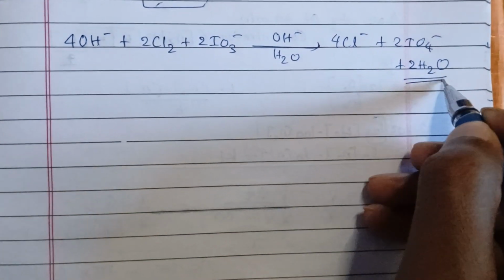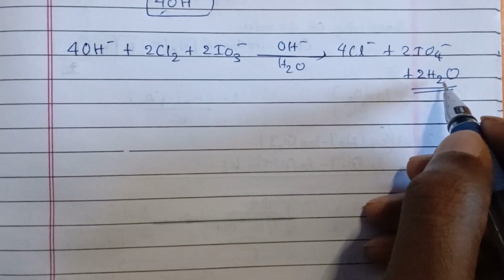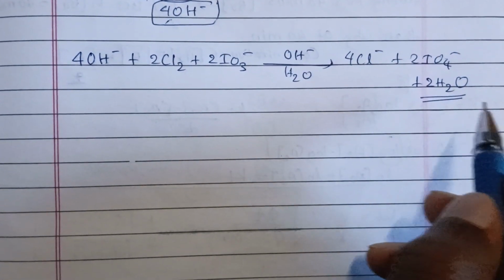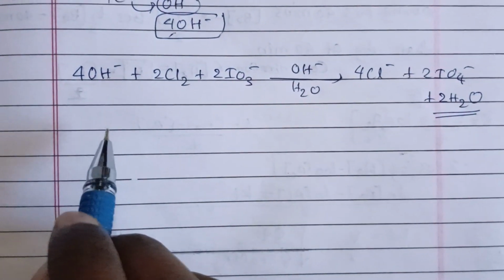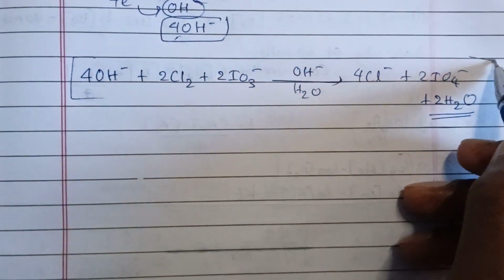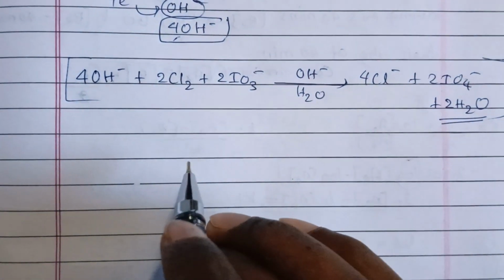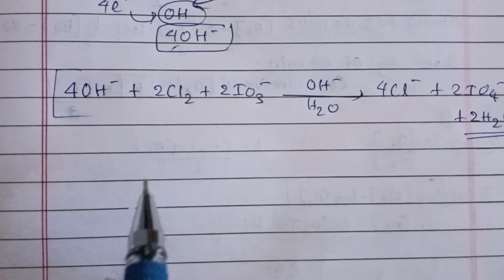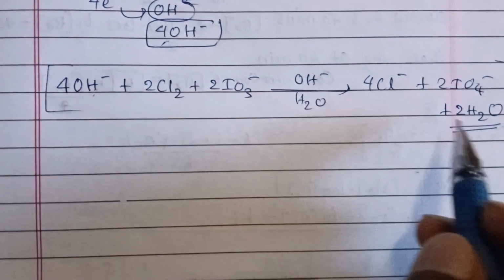By the time you add these 2 water molecules, the hydrogen and charges are balanced. This whole step has now ended. But as a checkpoint, to check if you have done it correctly, you can check the number of hydrogens on both sides.